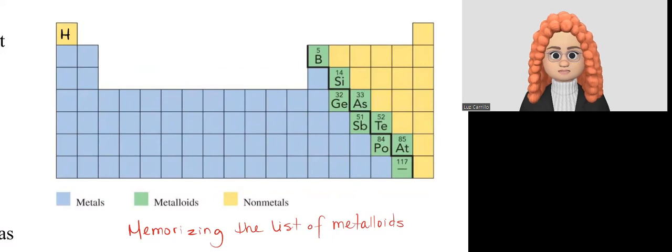So hydrogen is actually a nonmetal. Next, to the left of the metalloids, every single element is considered a metal. This is important to know because as we proceed in this chapter, we need to understand which elements are metals, nonmetals, and metalloids, because that defines what kind of compounds they can make.